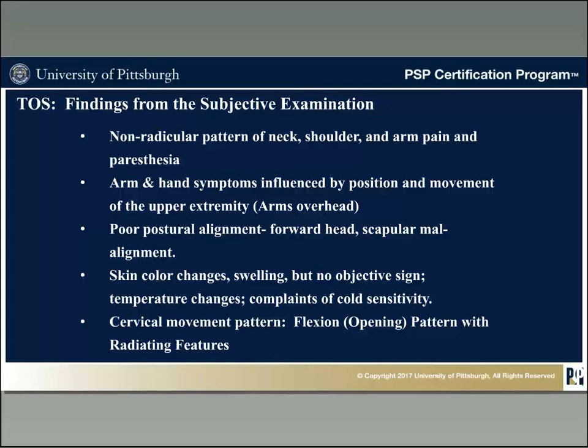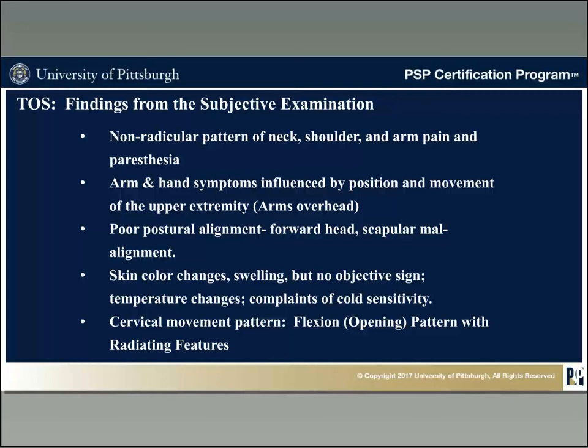Oftentimes we'll observe some poor postural alignments, as many of these individuals may present with elevated shoulders, rounded shoulders, and forward head posturing. We may witness some skin changes, color changes, potentially some swelling, but there may also be the absence of some of these signs.